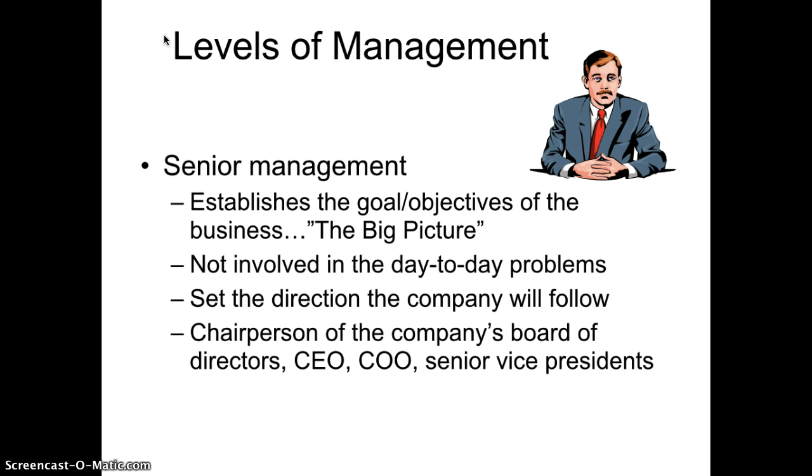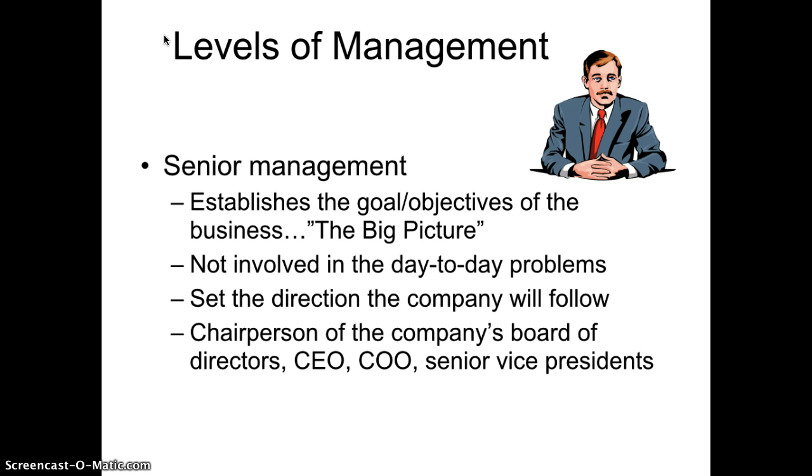Okay, typically the titles that come along with that are CEO, or Chief Executive Officer, COO, Chief Operating Officer, maybe a CFO, Chief Financial Officer, maybe a Senior Vice President.